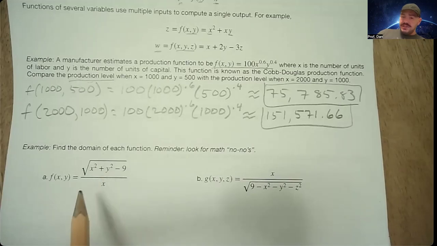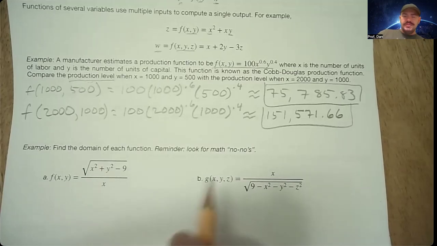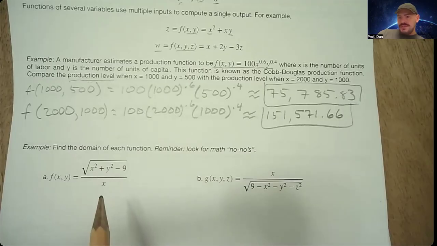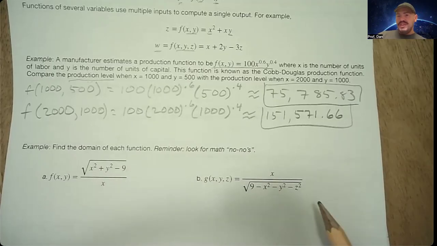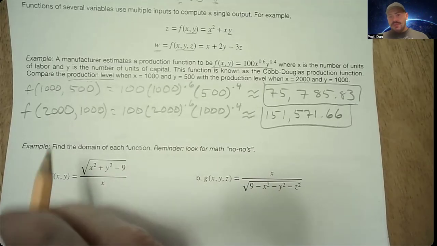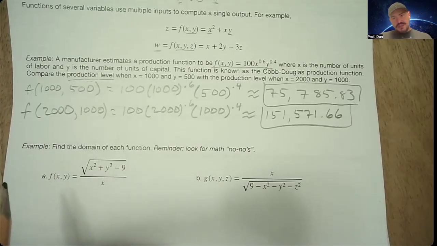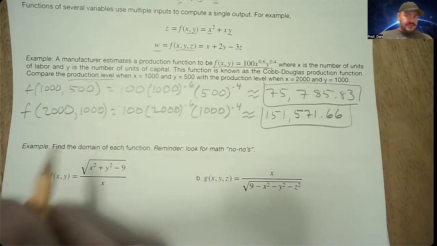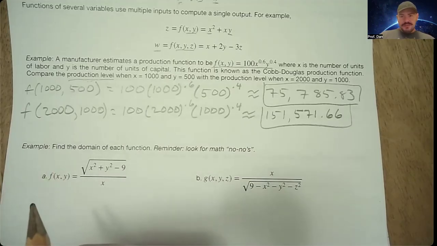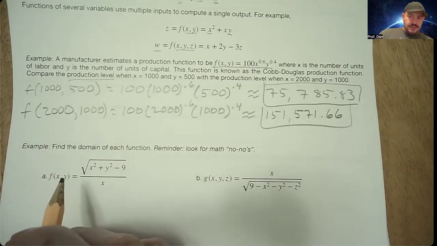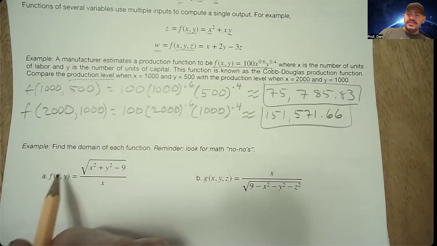Here, we're looking at functions of two and three variables, so instead of just looking for no-nos that involve x, we have to look at no-nos that also involve y or z. So when we describe our domain, it's going to involve more than just x. And consequently, the range is still only going to describe what possible values we can get for our dependent variable, our output.